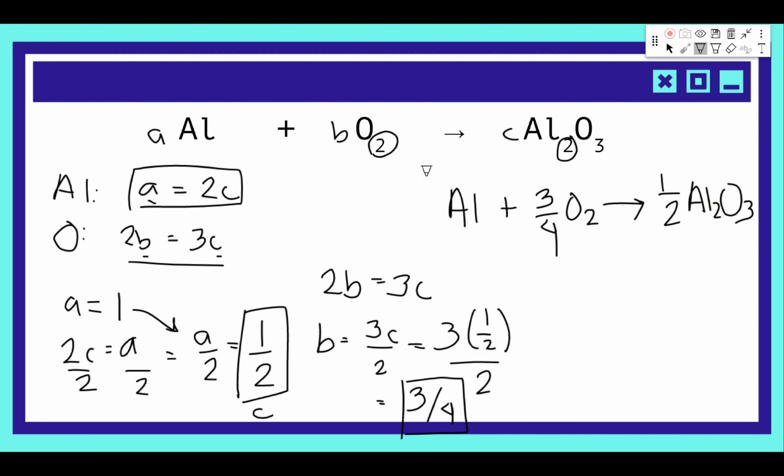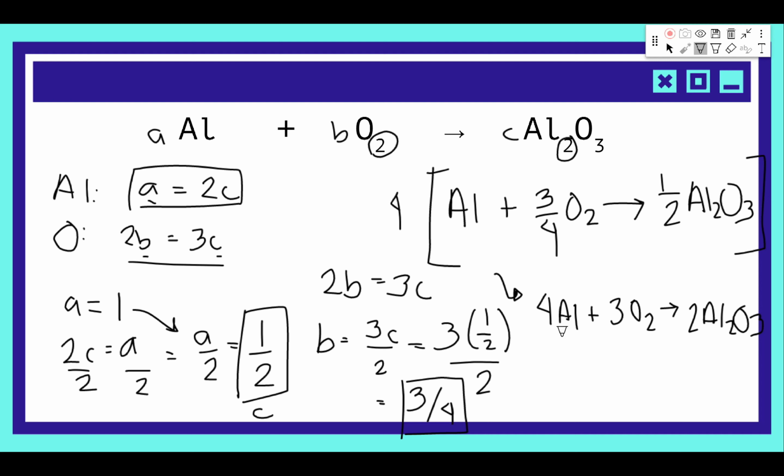Now we need to remove the fraction. So what we're going to do is to multiply this equation by the least common denominator, or LCD, which is 4. So our balanced chemical equation will be 4Al reacts with 3O2, yielding 2Al2O3.